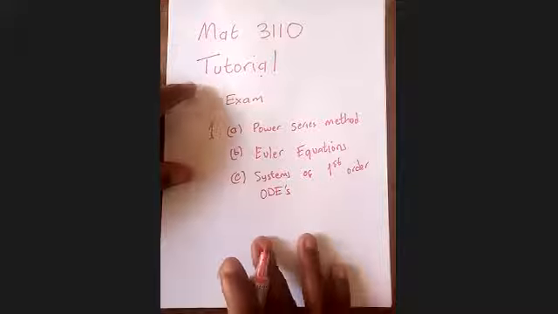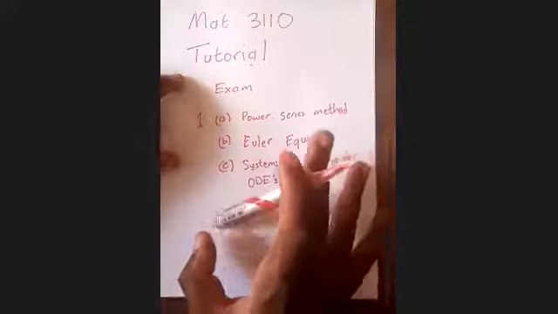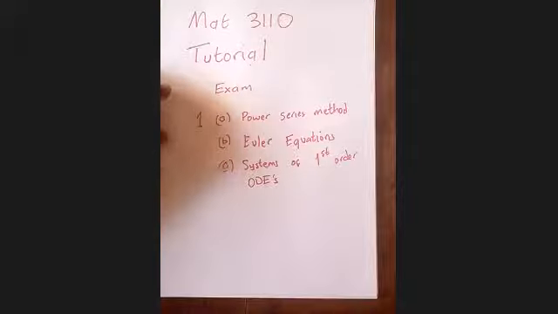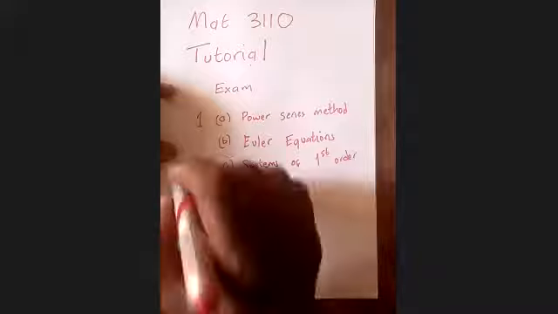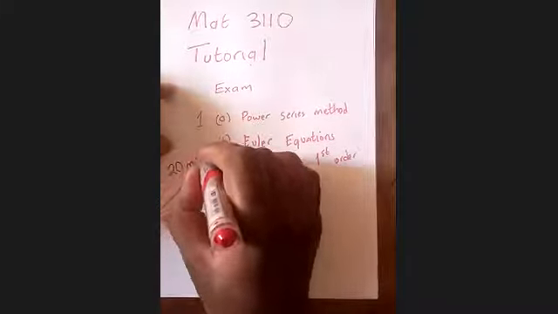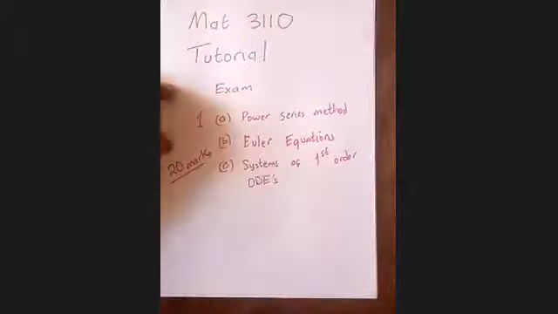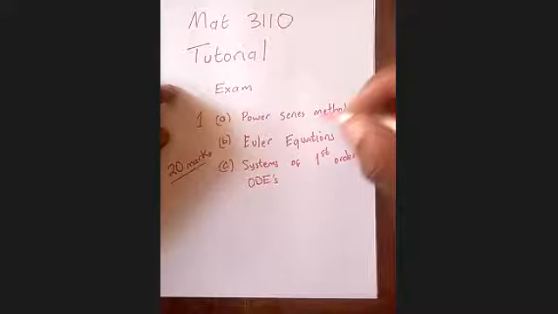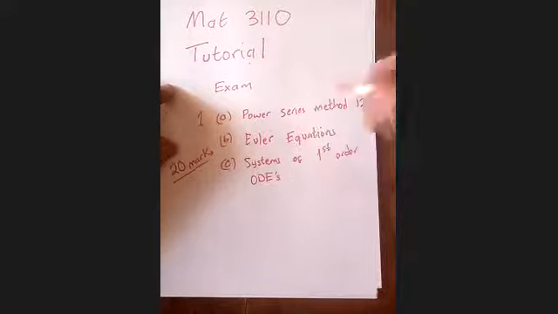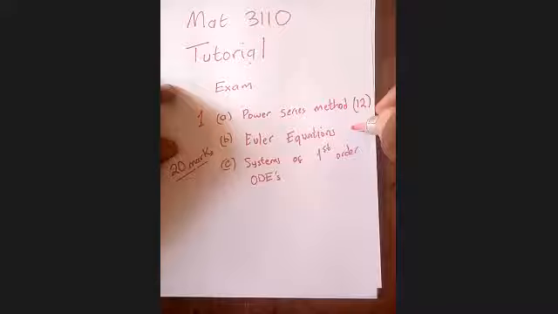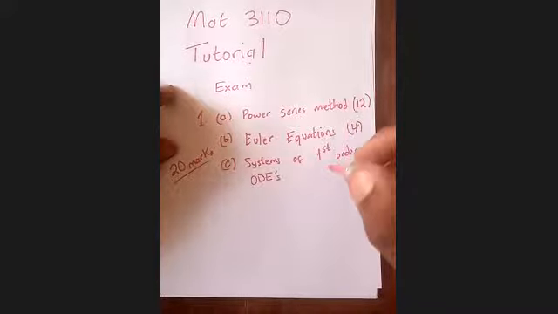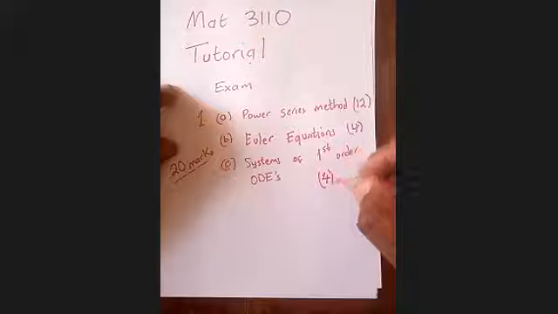So this is usually how question 1 looks like. This is 20 marks out of 100. 4 questions usually carry 20 marks, you have to answer 5. And the power series method usually carries 12 marks of the 20 marks. This is usually 4 because there isn't much to do, and this is usually 4.